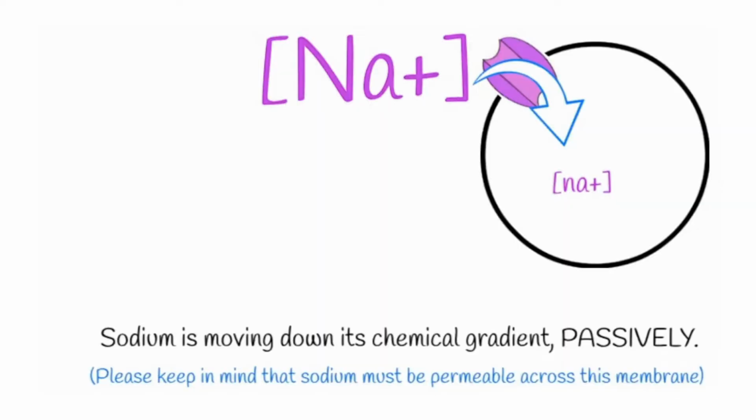Sodium requires a channel to enter cells, and that is because sodium has a positive charge. We have talked about that the plasma membrane or cell membrane is selectively permeable. It lets some things in and not others. There are certain things like lipid-based molecules that can pass through that plasma membrane unaided without a channel.